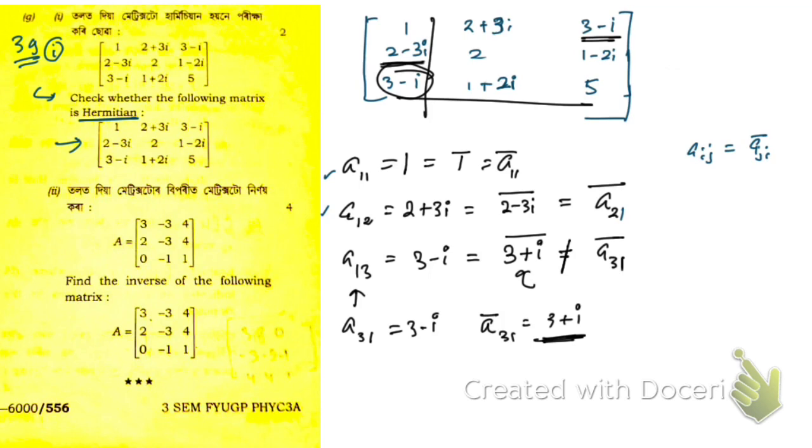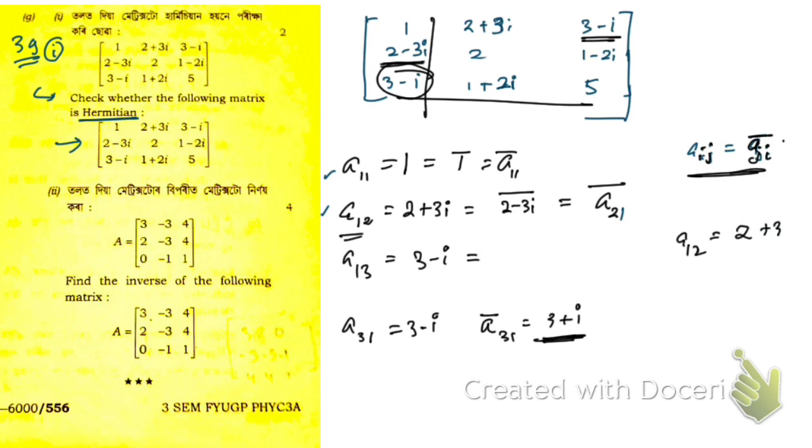Hope you have understood this. Let me explain it properly. To be Hermitian, this condition should be satisfied: aij must be equal to the complex conjugate of aji. In the case of a12, the element is 2 plus 3i, and a21 is 2 minus 3i.